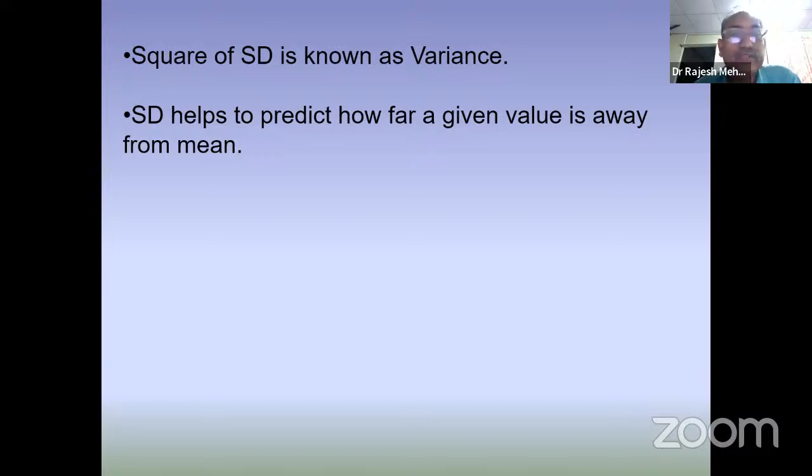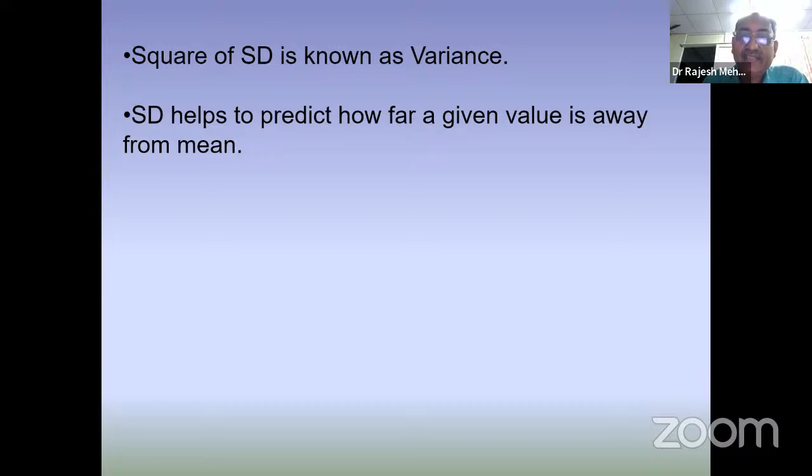Now, to remove this minus sign from minus 4 and minus 2, we take the square of it. So it's the square of 4, then the square of 2, like this. Once you make the squares, take the total of each of them divided by n.